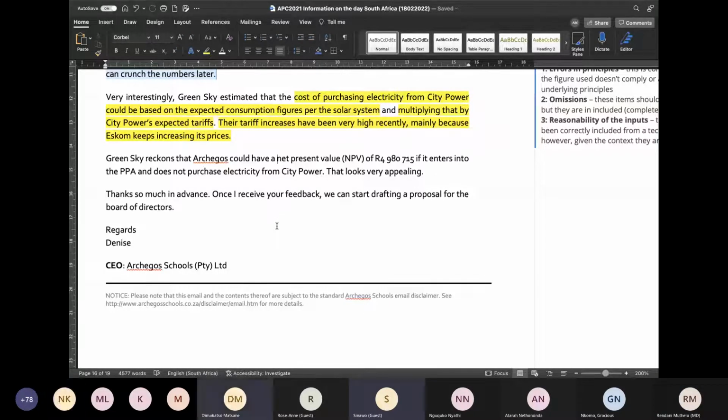Good evening, everyone. For me, I think with that statement, the one that you highlighted, where you were saying, do we agree with the statement or not? I think they should have taken into consideration the fact that the utilization might increase, since we are anticipating buying the kilowatts per hour at a much lower rate when we are using the solar panel as compared to buying directly from City Power, where it will be expensive.